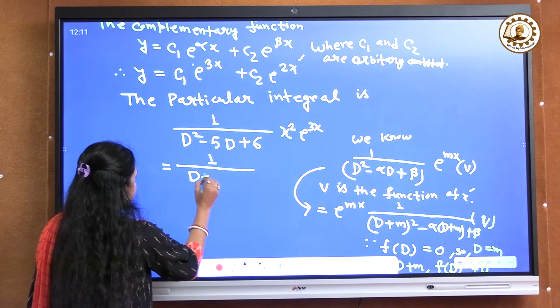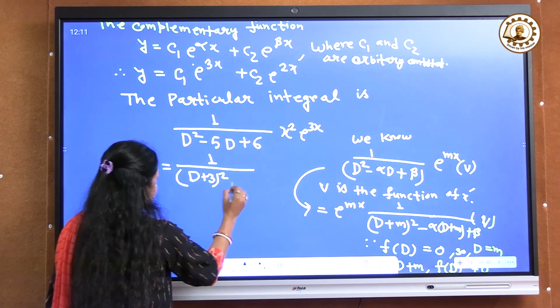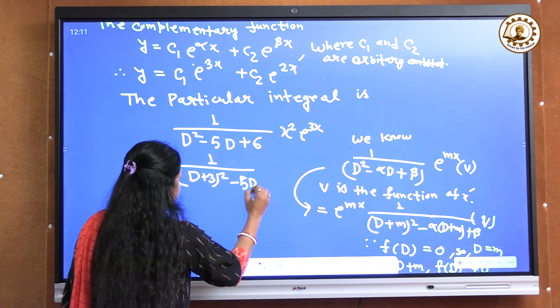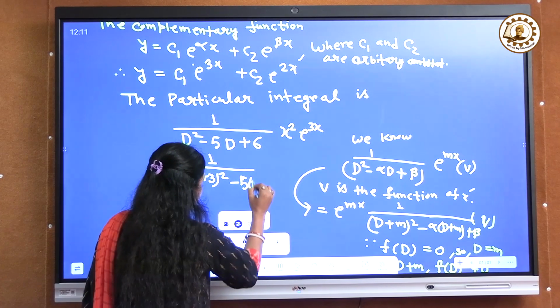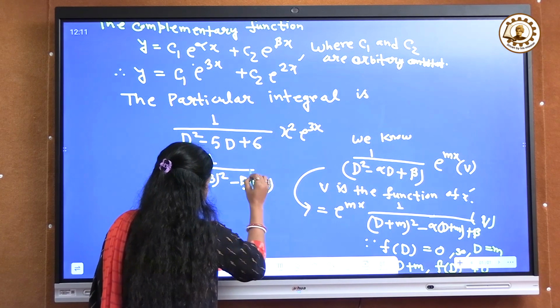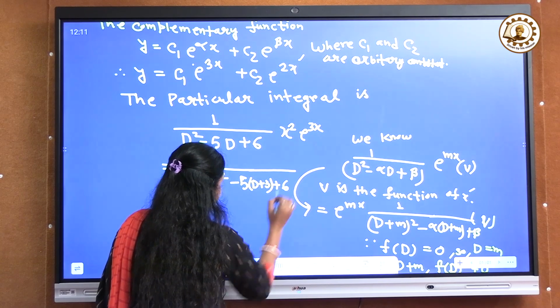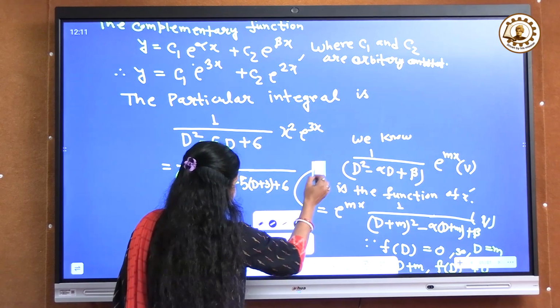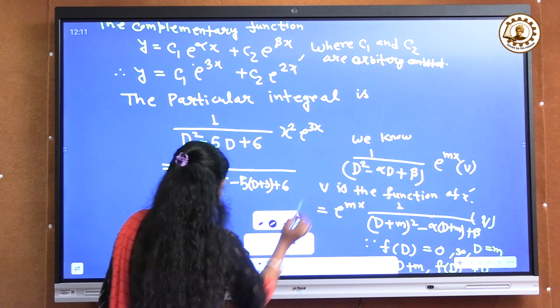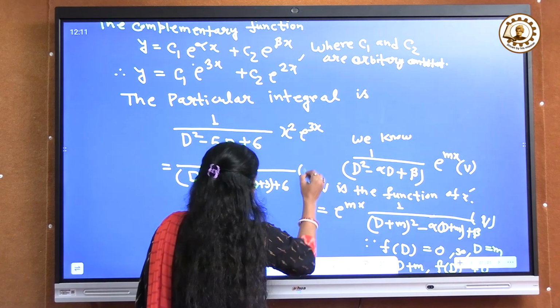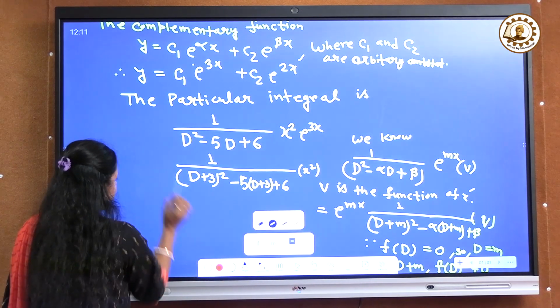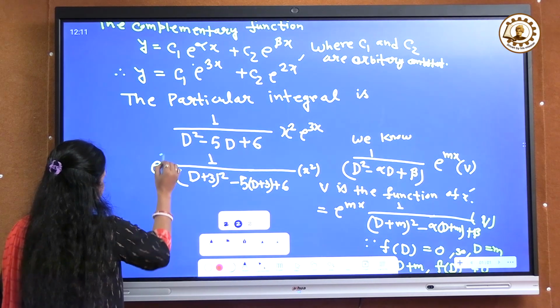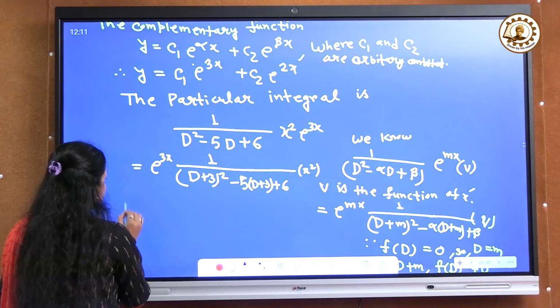1 by ((d plus 3) square minus 5 (d plus 3) plus 6) times x square, and here e to the power 3x is given.